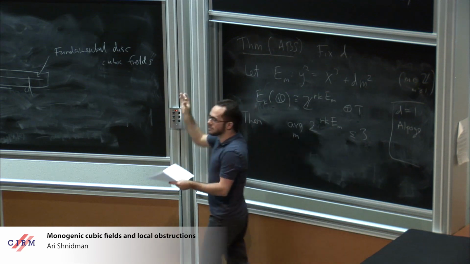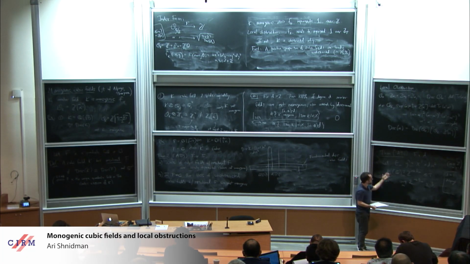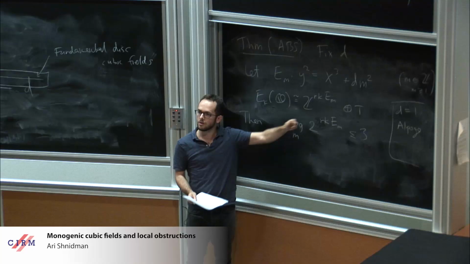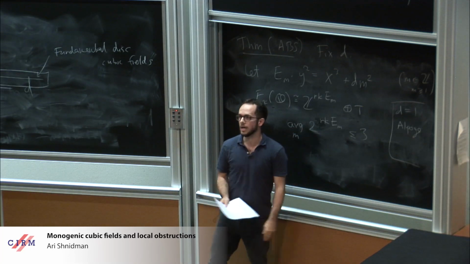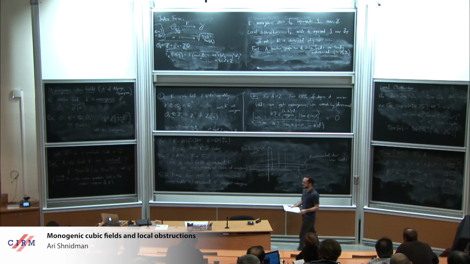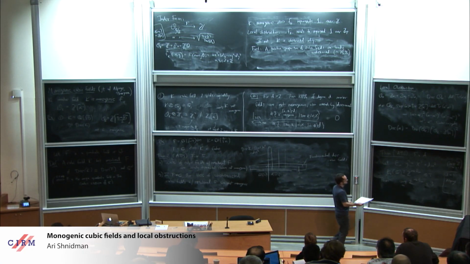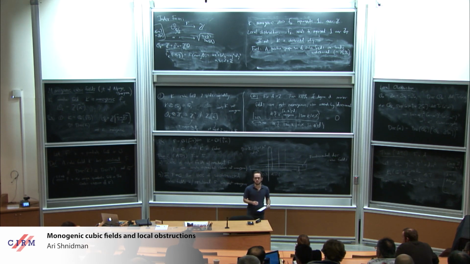There's a nice space in which you can count what are called 2-Selmer elements when d equals 1. When d is not 1, there isn't such a space, and so we had to do something else. Or we'll use his result, but there's some trick, basically. Okay, I don't think I'll have time to talk more about it, but you can ask questions at the end. Okay, so I'll start the sketch of the proof unless there are questions.